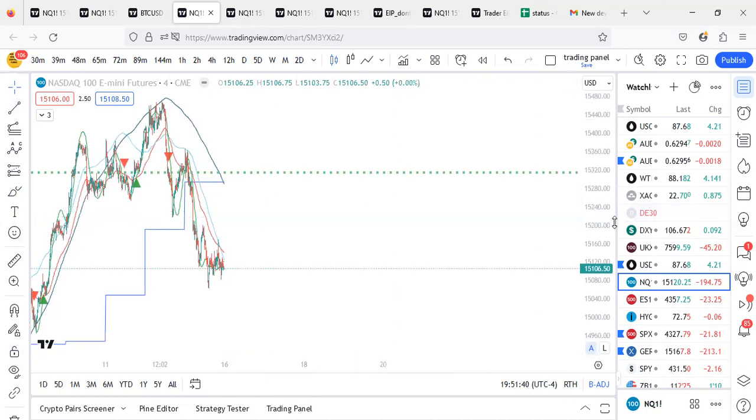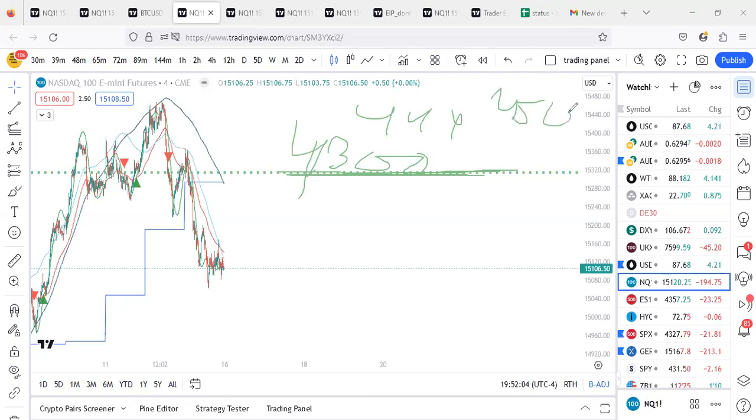So I have joined many of the trading groups, and I cannot imagine, they're still stuck in like, price goes above 4,300, so then it will go to 4,400, then 4,400 level is broken, then it will go to 4,500. Price goes below 4,300, then it will go to 4,200, and if it goes below 4,200, then support is broken, then it will go to 4,100.